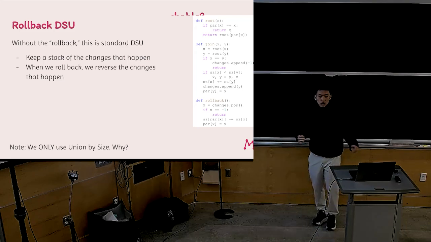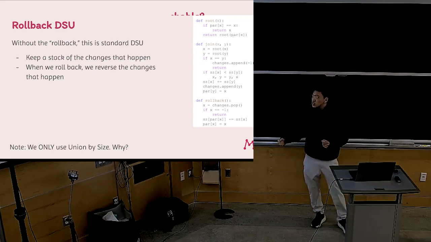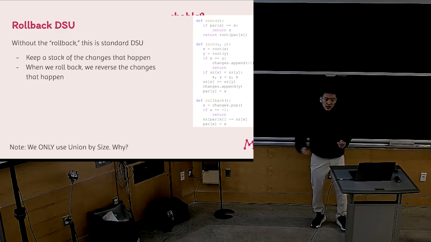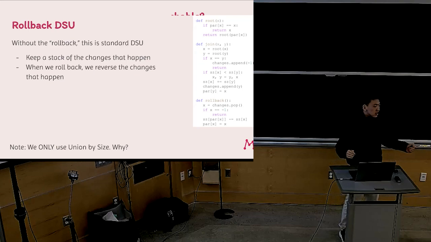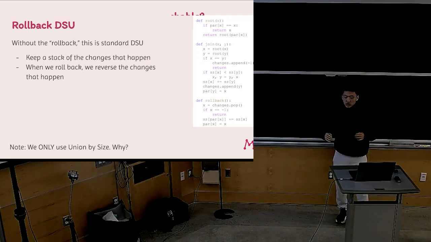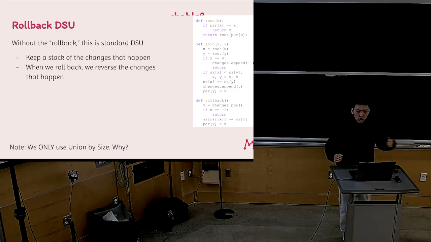And in fact, if we don't use small to large, the amortized complexity analysis from path compression doesn't work, because you essentially get an expensive operation that normally would get fixed by doing the operation, but then you can just roll it back and do it again. So you have all these expensive operations that you keep doing and then rolling back, and that causes your code to be slow. So in general, when we code rollback DSU, we only use union by size to make sure the amortized complexity doesn't break.